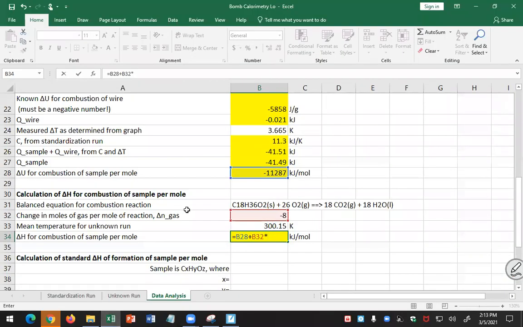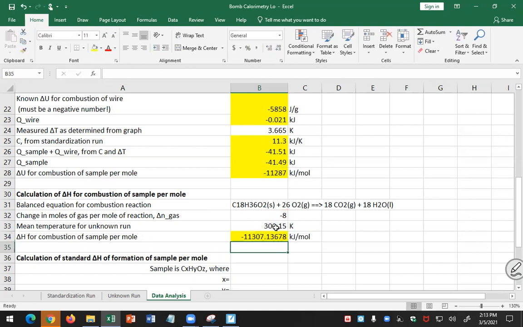So this is going to be, I have delta U plus delta n gas times R, 8.314 E minus 3, okay? Times my temperature, which is in Kelvin right there. So it's 0.008314 is your R. So that's negative 11,307.